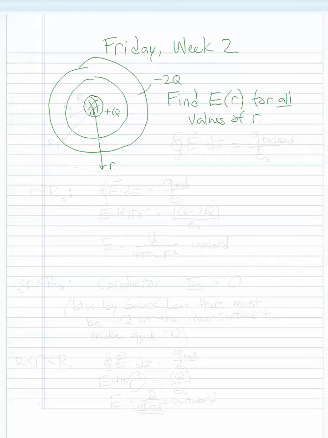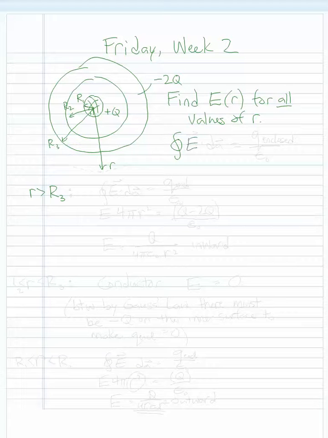And what we decided is that there were 4 regimes. We called these 3 radii R1, R2, and R3. So for R greater than R3, we're going to use Gauss's law.